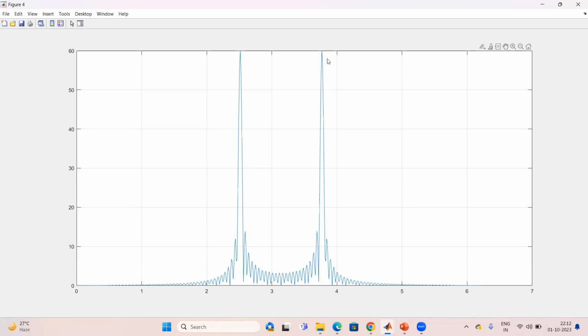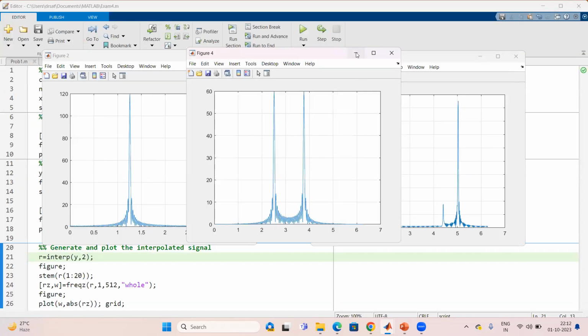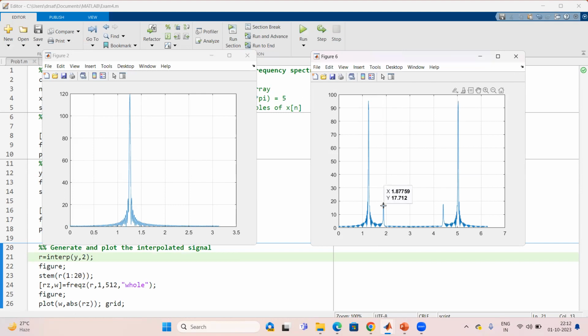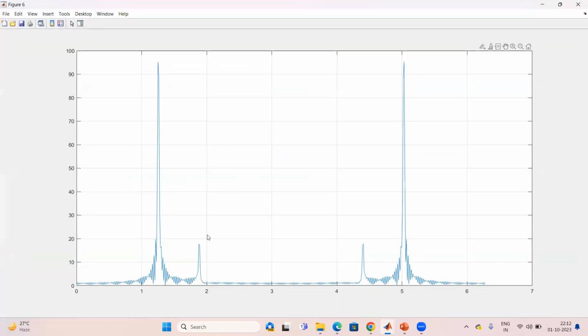Here this value is around 3.76. This other component is coming around 1.73759, and this component will definitely come. You cannot remove it; it will be available, so you have to take care of that while designing your filters.